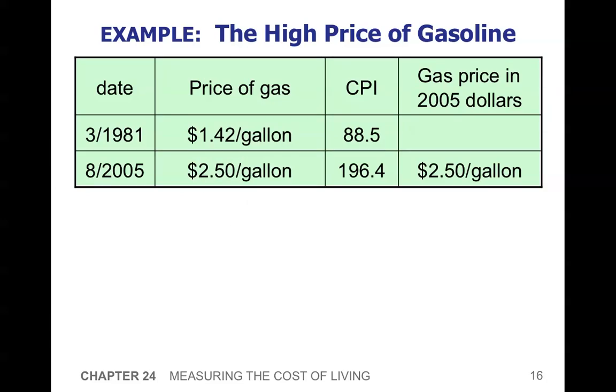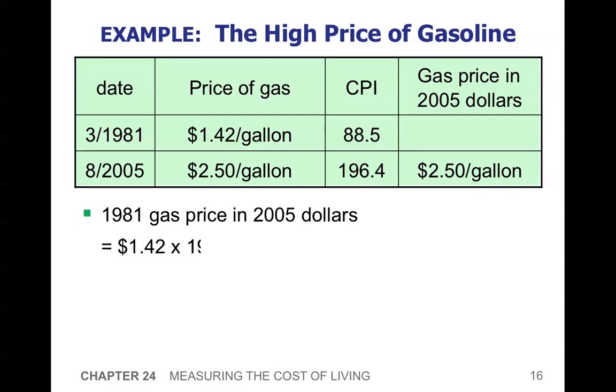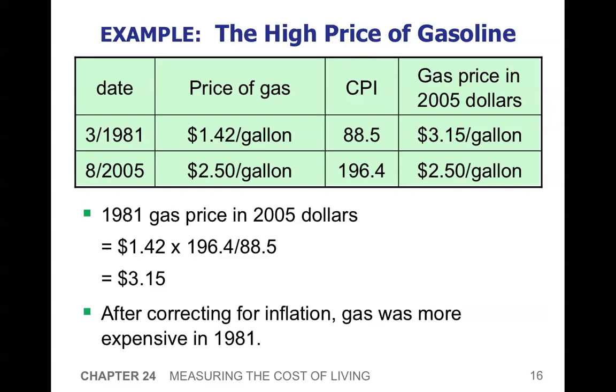Okay, so here are our prices, and there's the CPI right there. And the 1981 gas price in 2005 dollars is $3.15. So is that more than in 1981? Most certainly it is.